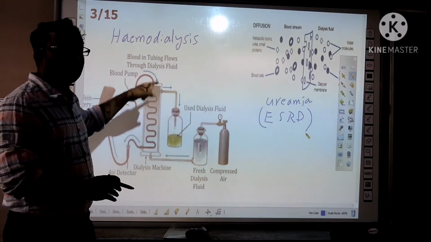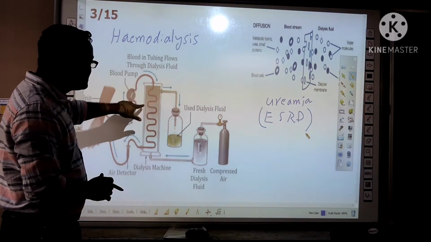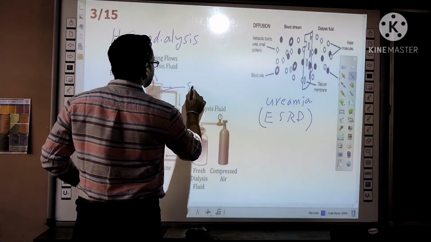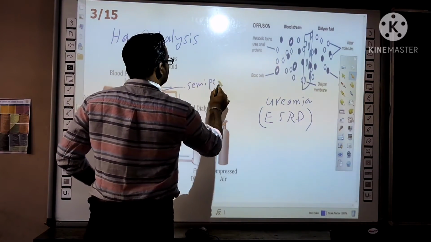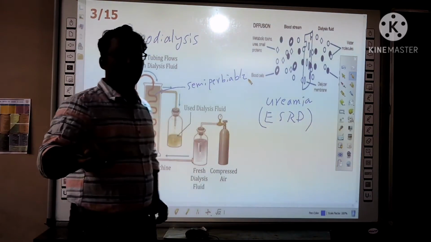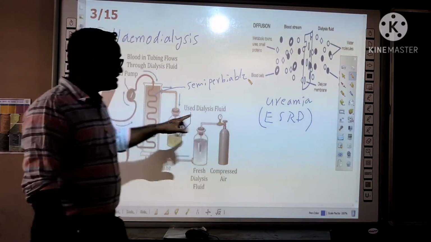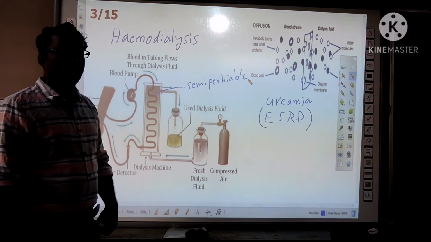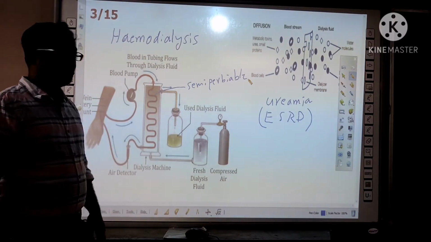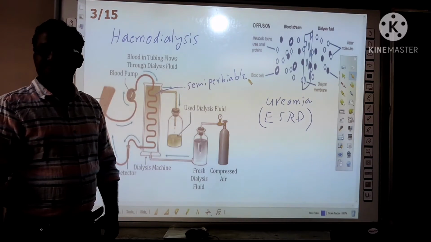This is a dialysis machine. Here you have to learn about the dialysis machine. The dialysis machine consists of tubes. These tubes act as a semi-permeable membrane, just as the renal tubules and peritubular network act as a semi-permeable membrane. And this machine is filled up with a fluid that is called dialyzing fluid.